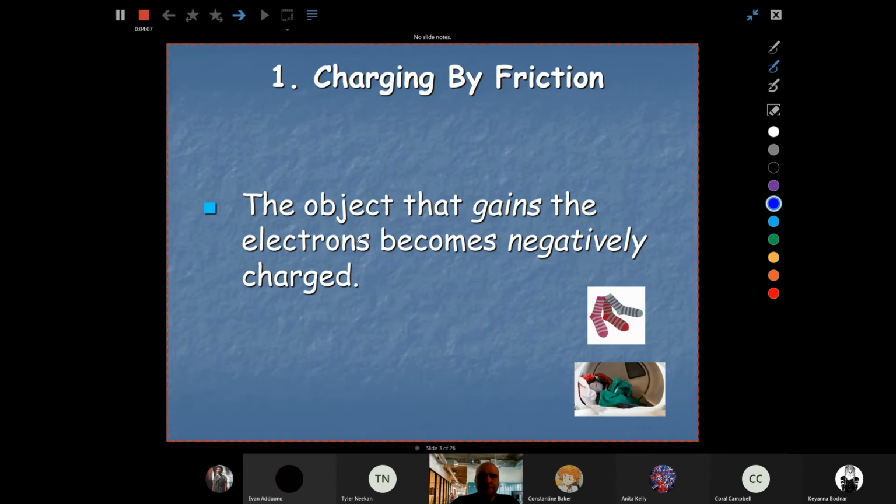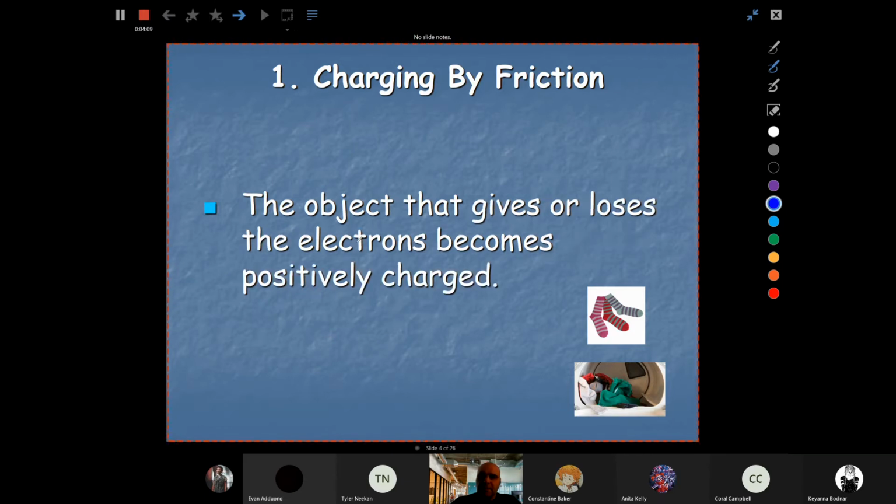The object that gives or loses the electrons becomes positively charged.